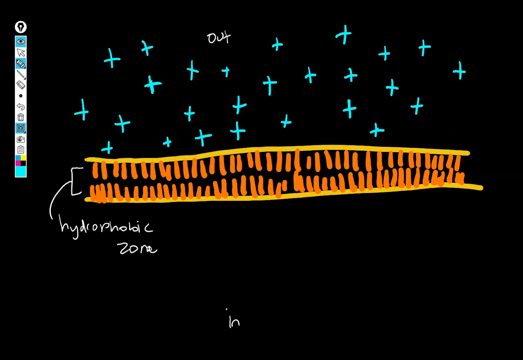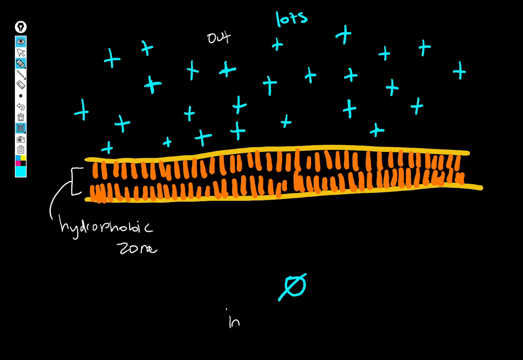So if you know that the steepness of a concentration gradient is one of the things that powers diffusion, and if I were to ask you based on this picture, okay, how badly do you think those pluses want to cross the membrane? You would probably say, pretty badly. They really want to go across to equilibrium, especially since the concentration gradient is so steep, where there's 0 here and lots out here.